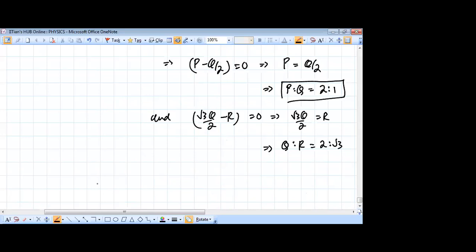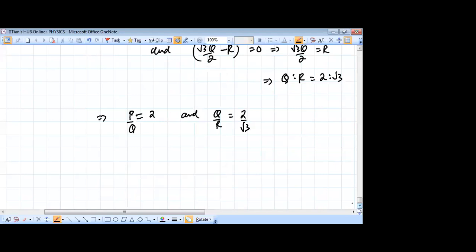Okay. So P by Q is equal to 2, and Q by R is equal to 2 by root 3. So from that we can find P is to Q is to R will become how much?